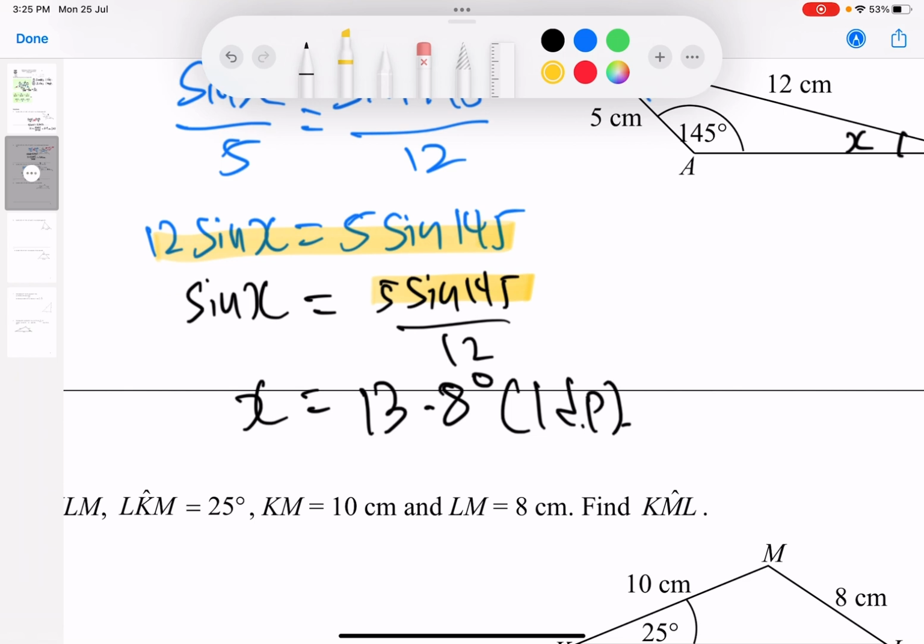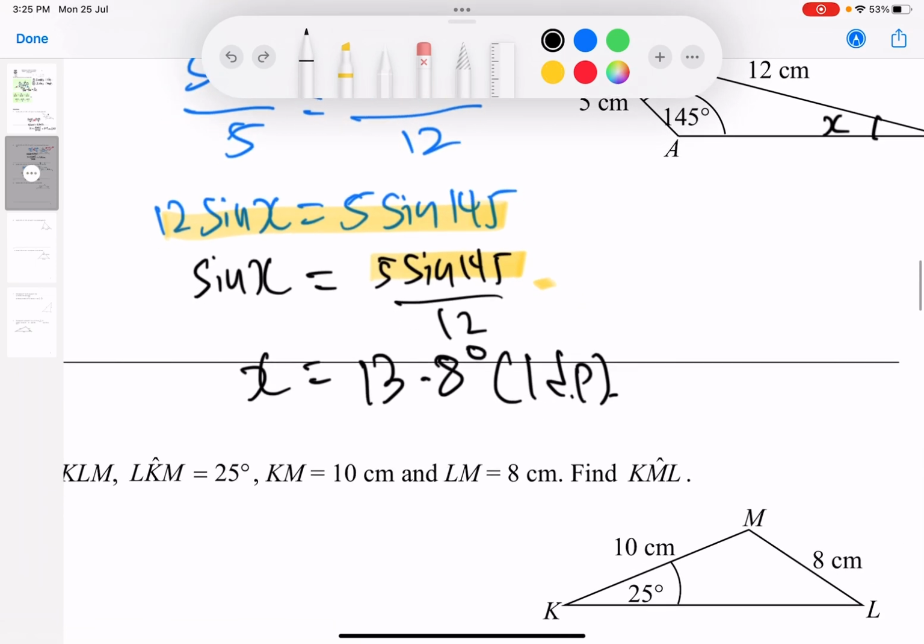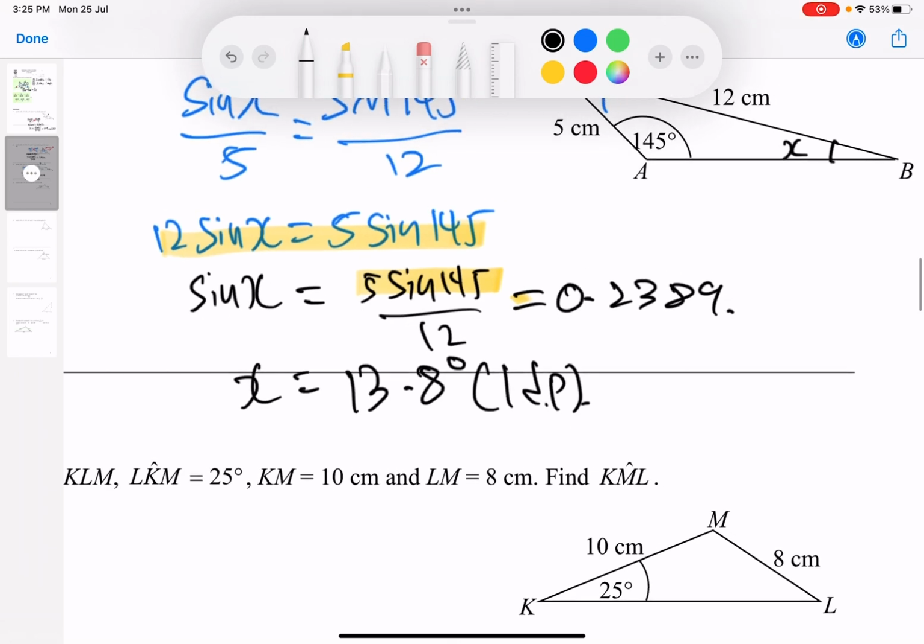I get 0.2389. Do you get 0.2389? So sine x is equal to 0.2389. Now, in order for us to find out what x is, we need to take the sine inverse.